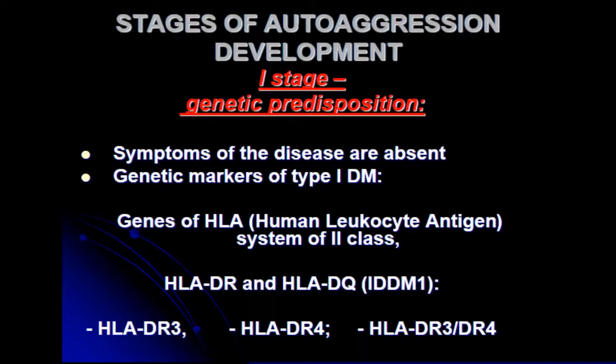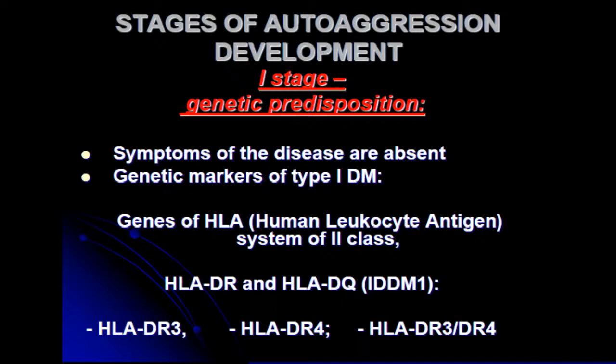Now we'll consider the pathogenesis of diabetes mellitus. Pathogenesis includes 6 stages. Now, first stage, genetic predisposition. Symptoms of the disease are absent.